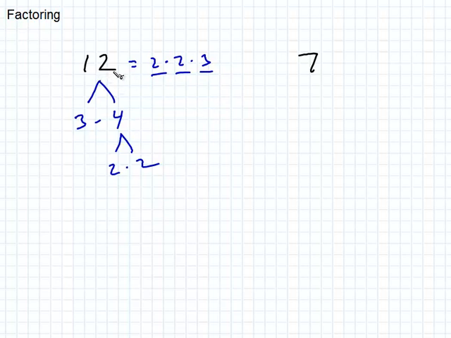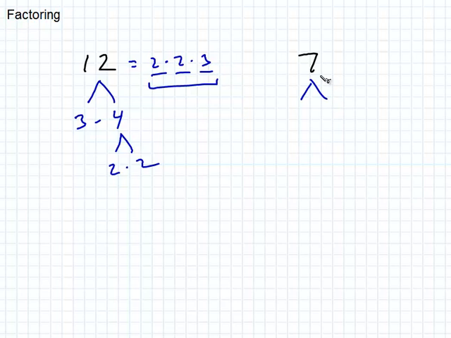It turns out it doesn't matter what route you take to get there. If you take a number and you break it down into factors and you break those down until you get to prime factors, there's a unique prime factorization of this number. Whichever way you break this down, you can keep going and you can break it all the way down and you'll get the same result as though you did it any other way.